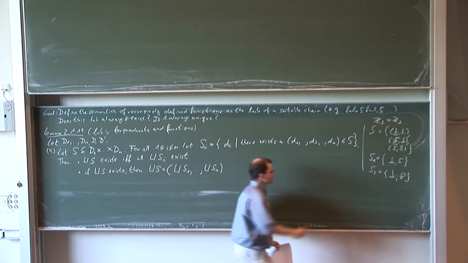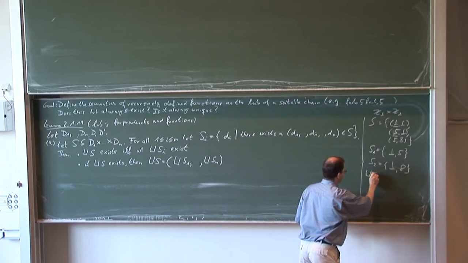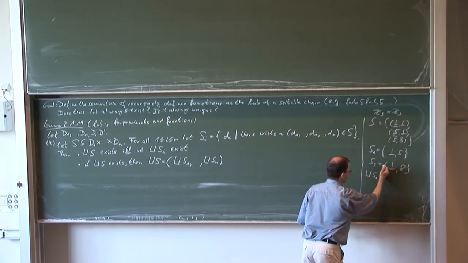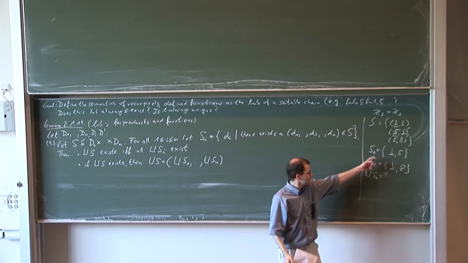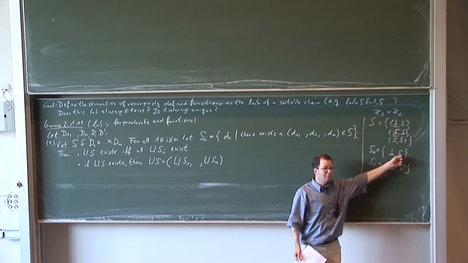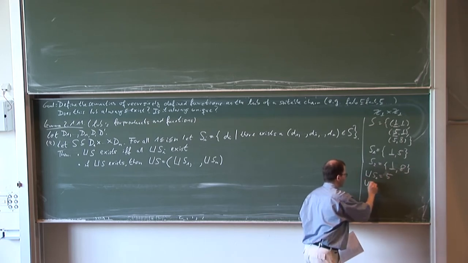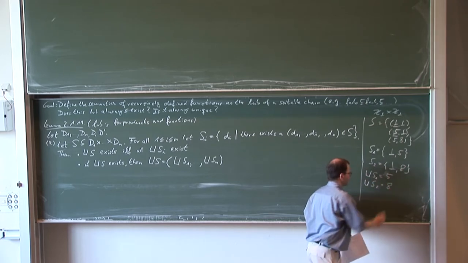So now let's look whether this is true in our example. What is the least upper bound of S1? S1 is just bottom and 5. So what is the least upper bound of bottom and 5? 5. 5 is bigger than bottom, and it is bigger or equal than 5. So this is the least upper bound of S1, and the least upper bound of S2 is 8.